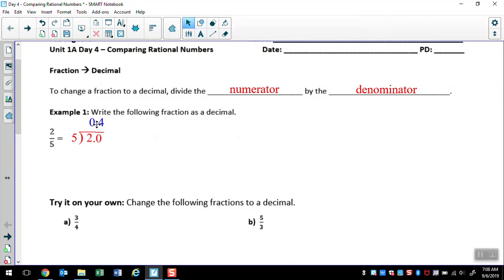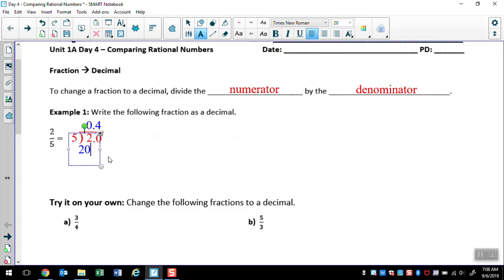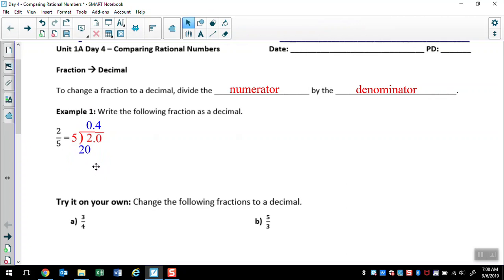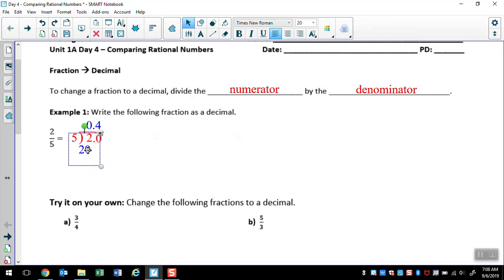Alright, so now the next thing we're going to do is say, okay, what's 4 times 5? It is 20. So we're going to ignore that decimal point for the purpose of this part of the division. Then remember we have to subtract.